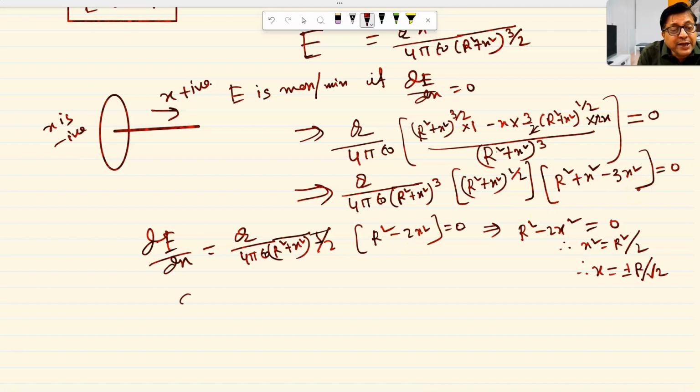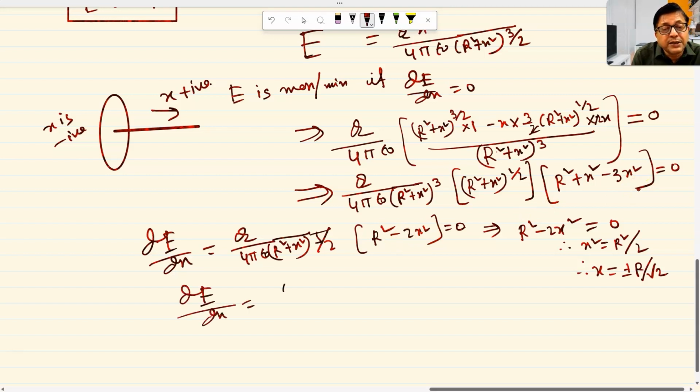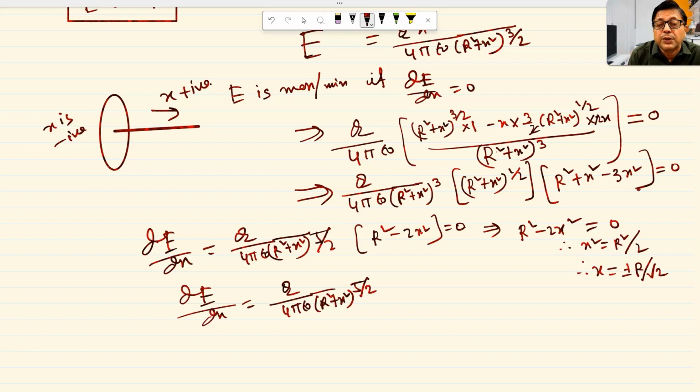So this dE by dx, if you rewrite, then you will observe that it is q by 4 pi epsilon 0, r square plus x square to the power 5 by 2, and you take 2 as common, or you take minus as common, then it is coming x square minus r square by 2.